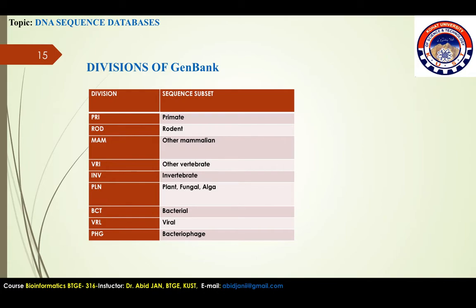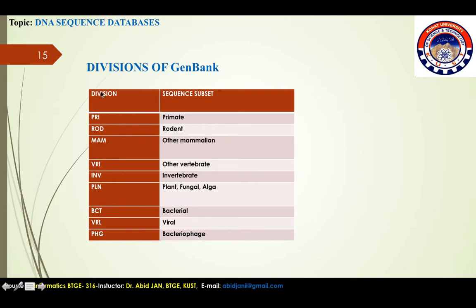Divisions of GenBank. The increasing size of the database, coupled with the diversity of data sources available, have made it convenient to split GenBank into smaller, discrete divisions. These are summarized in the table. We have more than 20 subdivisions in GenBank.